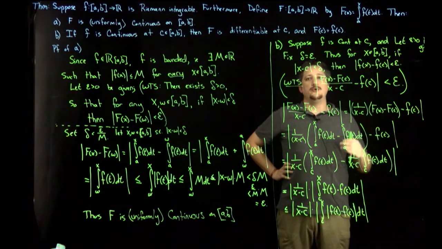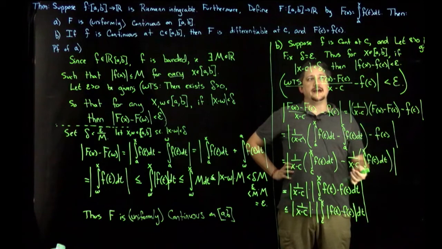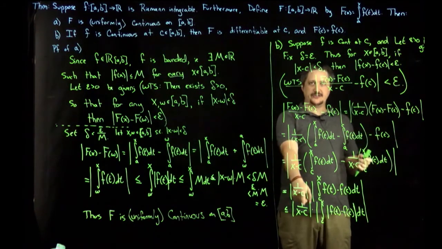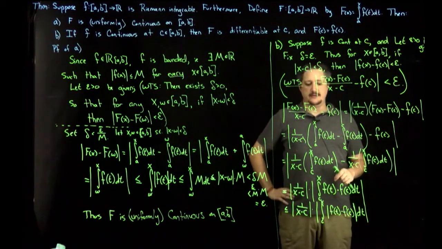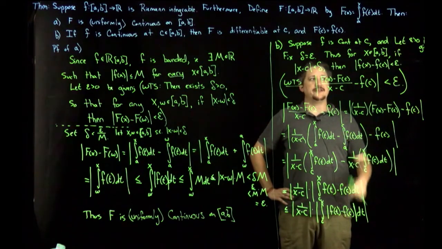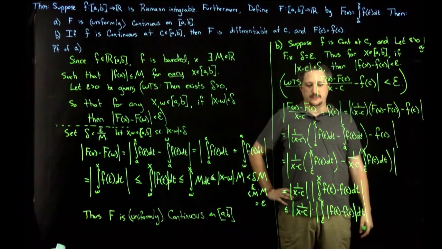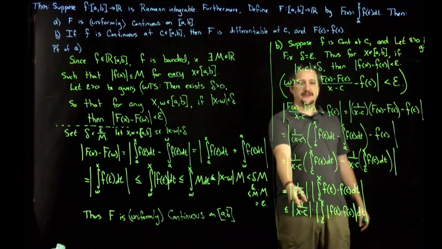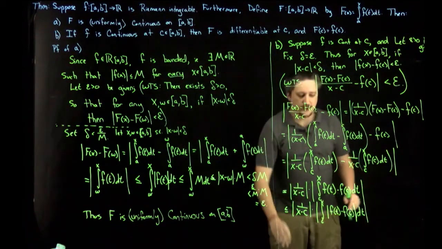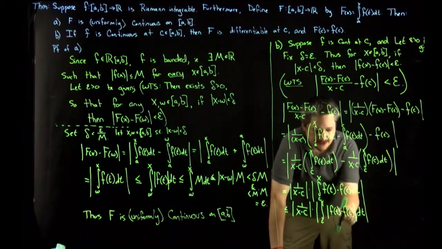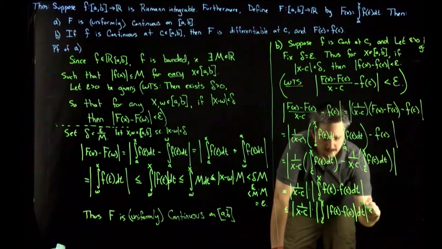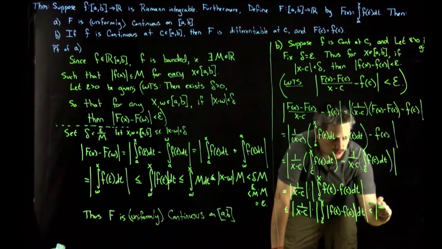All right. So as long as my x minus c is less than delta, then I know that my f of x minus f of c is less than epsilon, right? So I've chosen that these things are less than delta. So that means that this inside here is less than epsilon. So I still have 1 over x minus c on the outside.